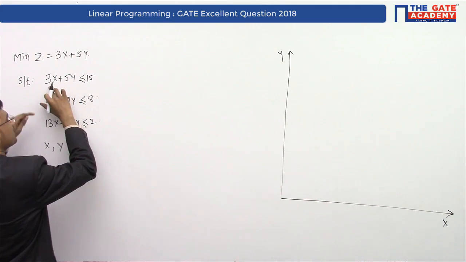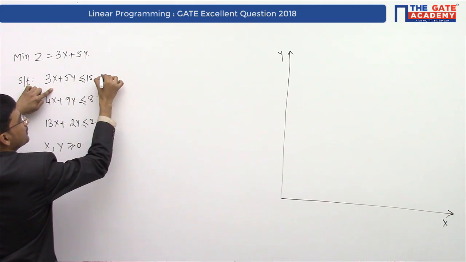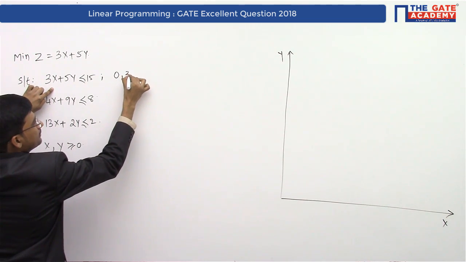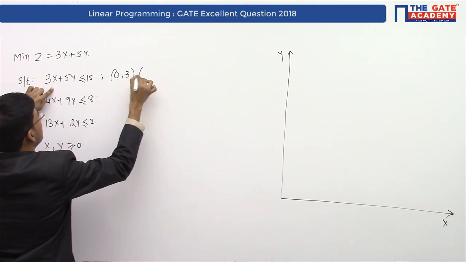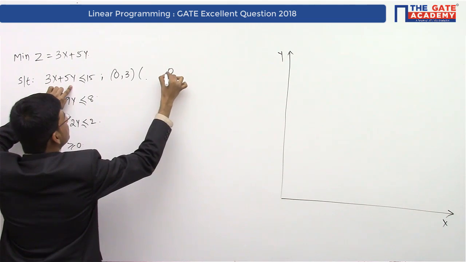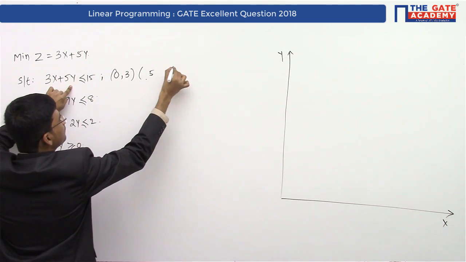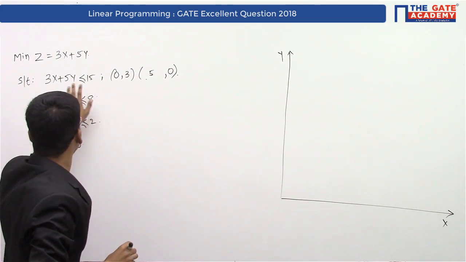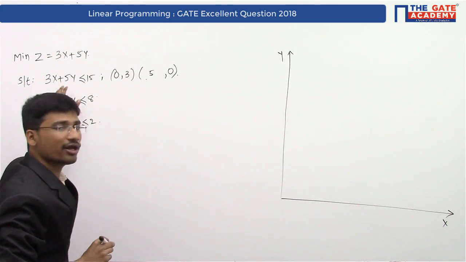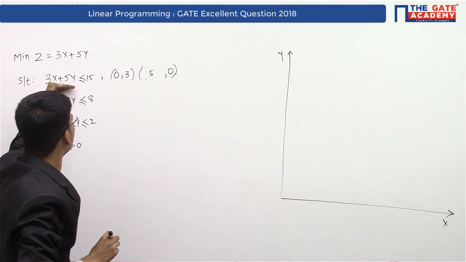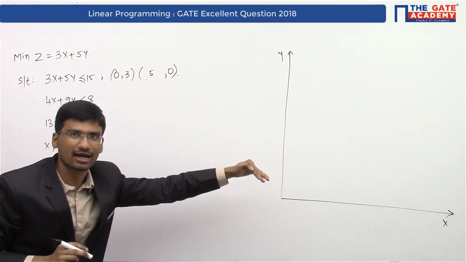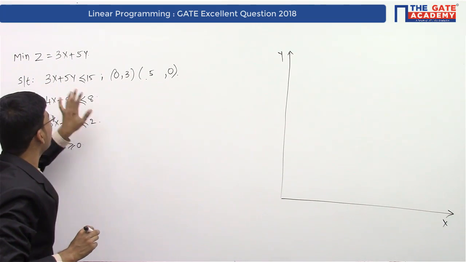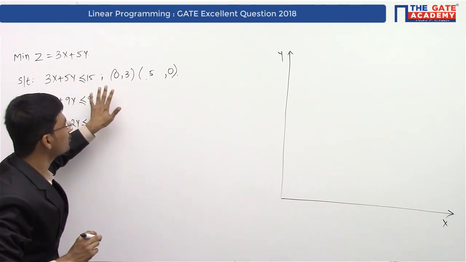Now from here we have to find at least 2 points to plot this straight line in this particular graph. Now say for example for this particular constraint, put x equal to 0, your y will be 3. Now here put y equal to 0, your x will be 5. Right? Now we got 2 points for this particular straight line equation or inequality equation. Now we can plot this straight line equation in this particular graph and then we can identify the region which is satisfied by 3x plus 5y less than or equal to 15.